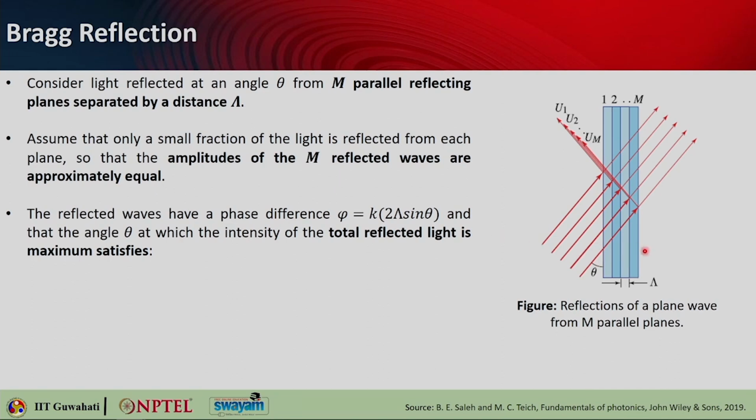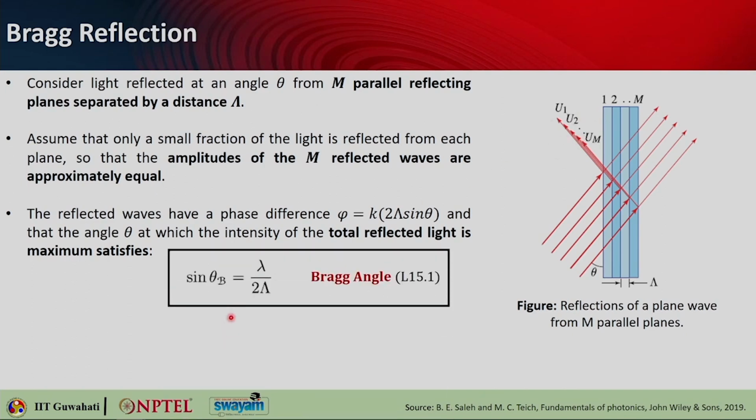Why 2 capital lambda? It has to travel this part twice. The angle at which the intensity of the reflected light is maximum is known as the Bragg angle. So, sin theta_B is given as lambda over 2 capital lambda. What is capital lambda? The spacing between the mirrors. Small lambda is the wavelength of light.